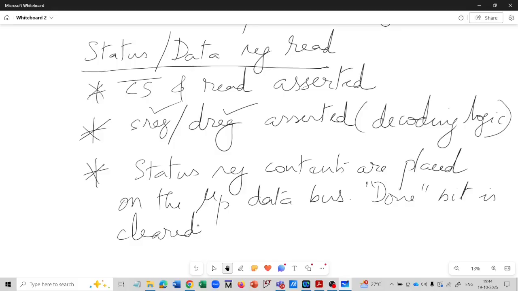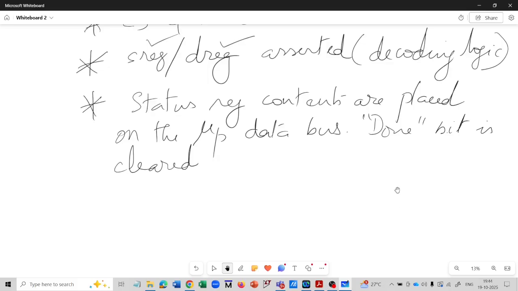So if it tries to read the status register again, the processor will wrongly interpret the set status of the done bit as completion of the transaction, though it refers to a previous transaction. So it is very important that in case of the status register, when the processor reads the status register, the done bit is cleared.